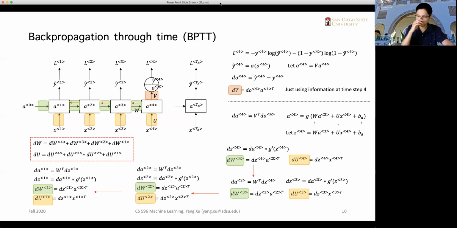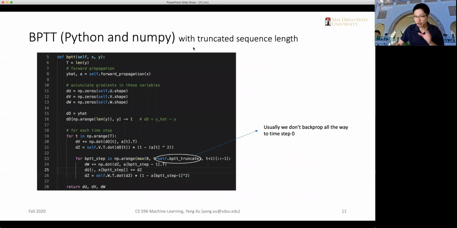So we don't want the gradients to vanish, and also we don't want to use additional computational cost without gaining too much information, okay? Because in practice, we find that it's okay if we just backprop through time with a certain number of time steps, okay?